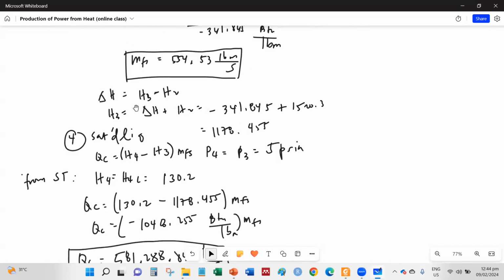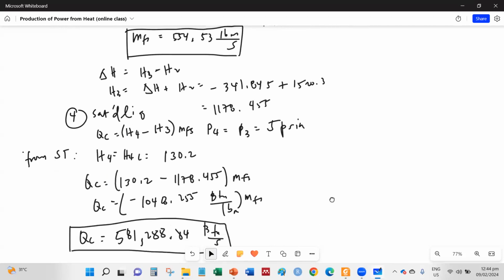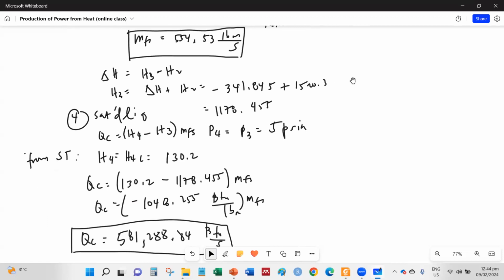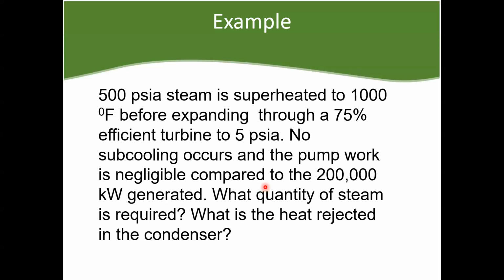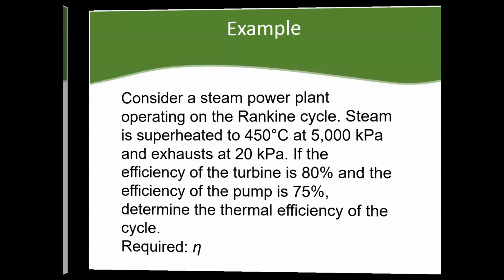And then for the last part, for QC, we calculated it using the inlet and outlet properties of the condenser. All right, so we'll move on to the next sample problem.